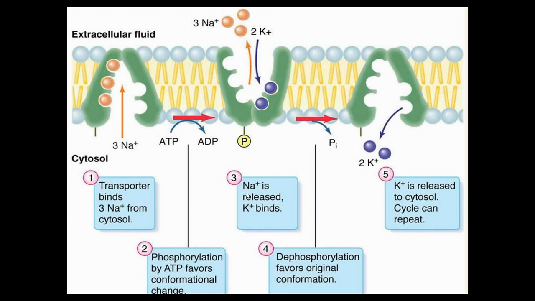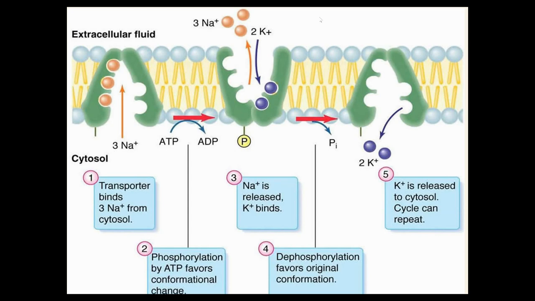More pictures. So a little bit closer up. The transporter binds 3 sodium from the cytosol, 3 go out, 2 potassiums come in. Phosphorylation favors a conformational change, sodium ions release, dephosphorylation favors the original conformation, potassium is released.